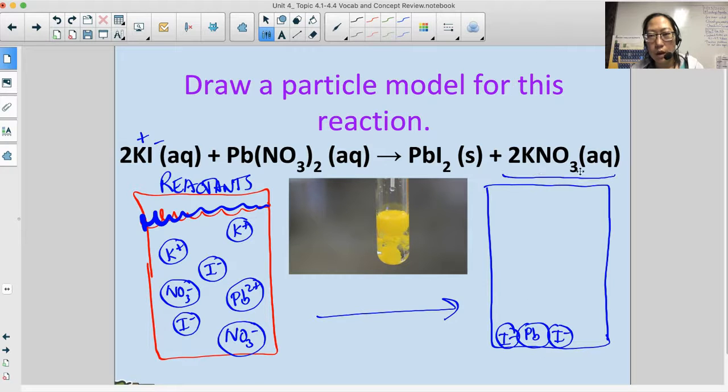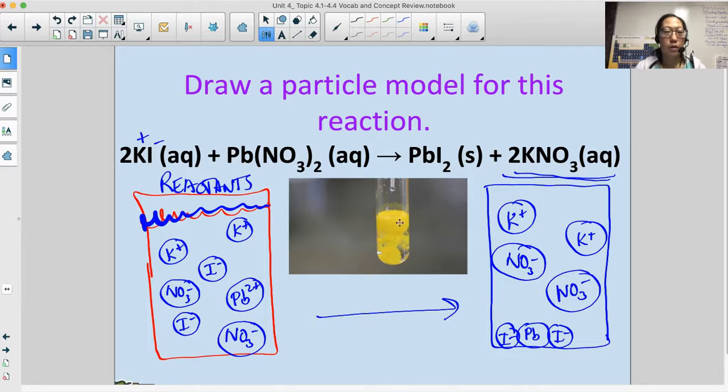But these ions right here, the K plus, are still aqueous. They're just floating around. Got 2 K pluses and 2 NO3 minuses. They're freely floating. Okay, and that's what we would see in the products.